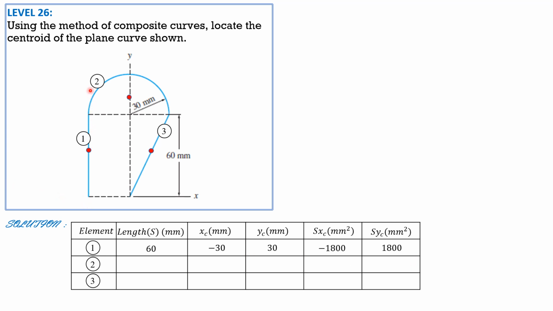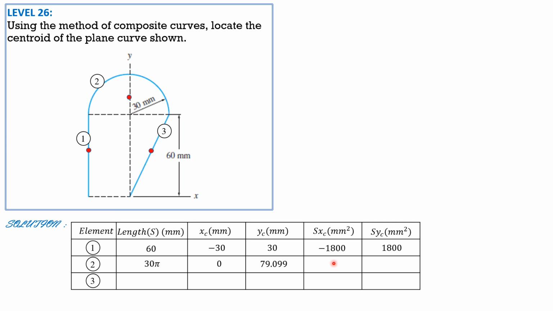Then for element 2, the length is pi r, pi times 30, so 30 pi. Its barred x, it lies on the y-axis, so it's 0. Its barred y is 60 plus this distance. This distance is 2r over pi. So 60 plus 2 times 30 divided by pi is 79.099.